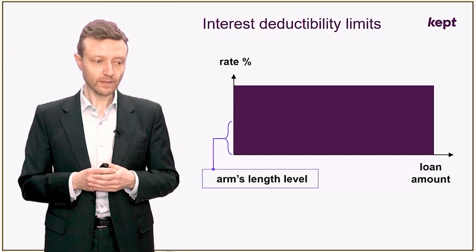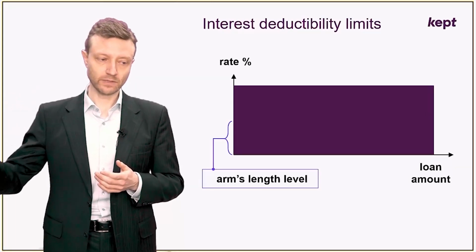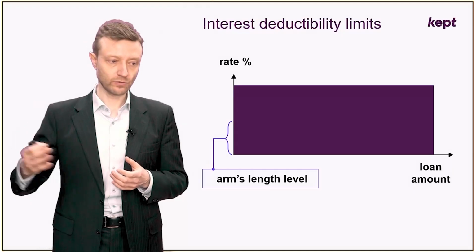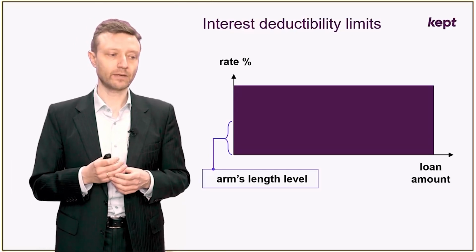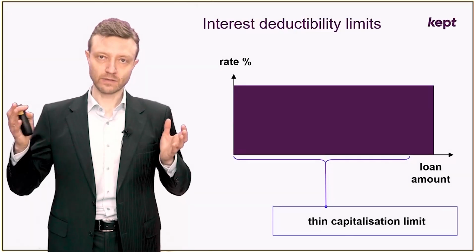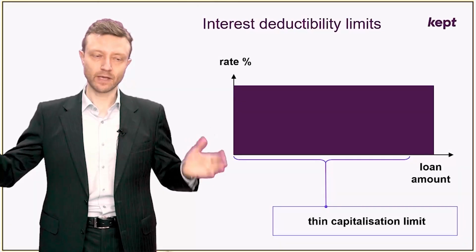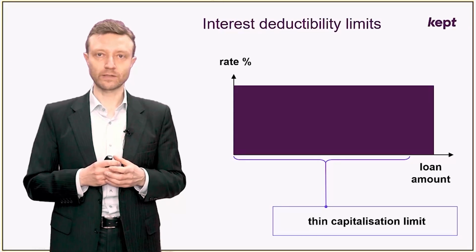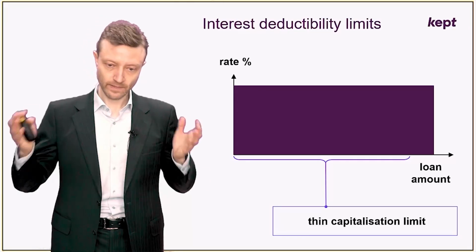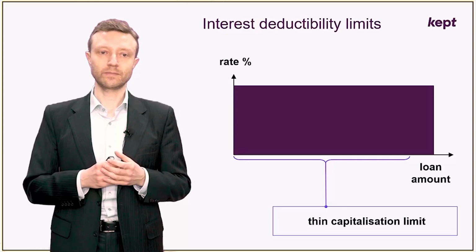But the interest rate for deductibility purposes is limited to an arm's length level, while there are so-called thin capitalization rules that usually limit the amounts of loan that can be taken into account for deductibility purposes.